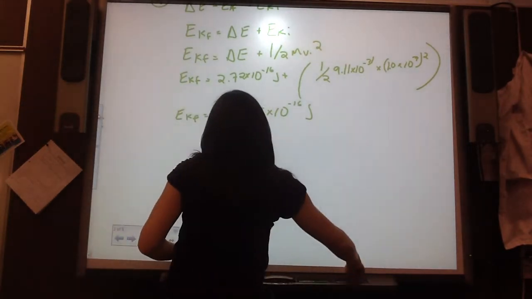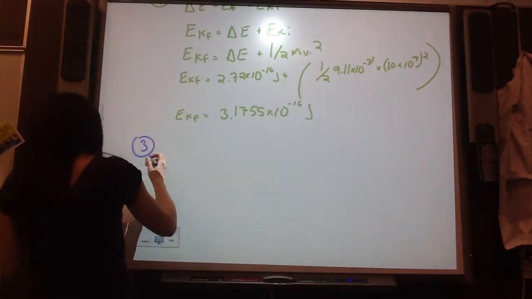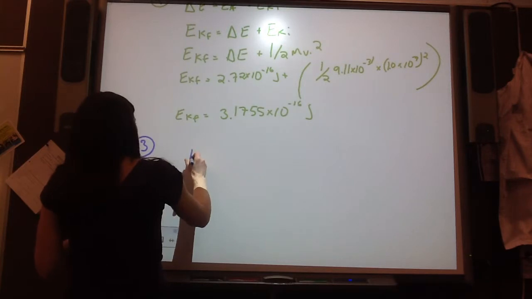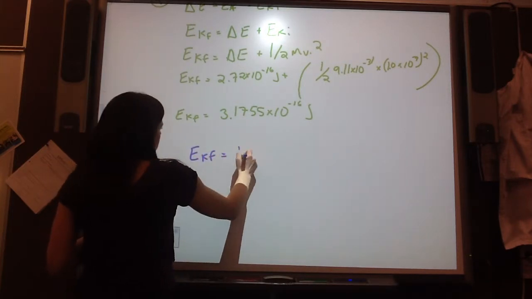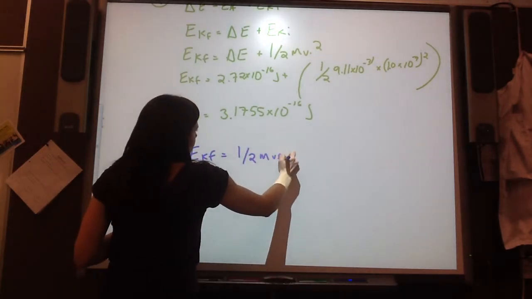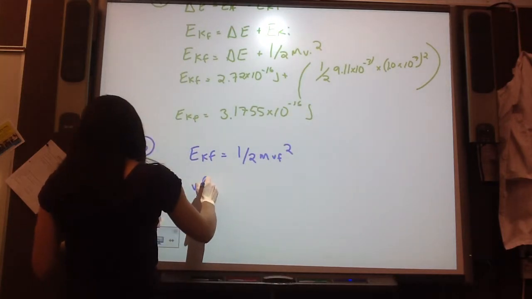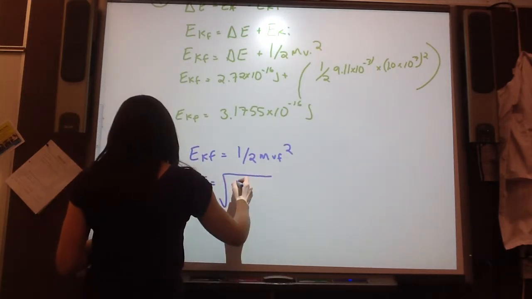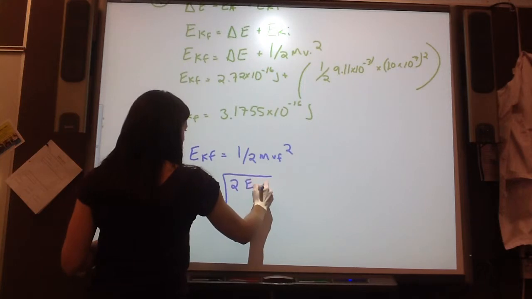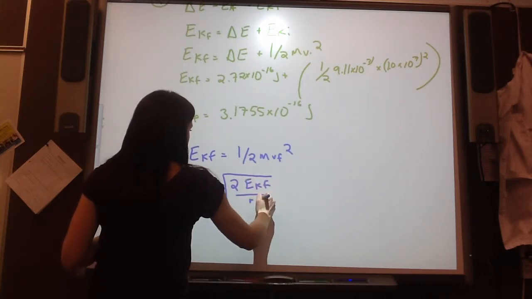Now I can move on to my third. If EKF is equal to half m VF squared, VF needs to be the square root of 2 EKF divided by m.